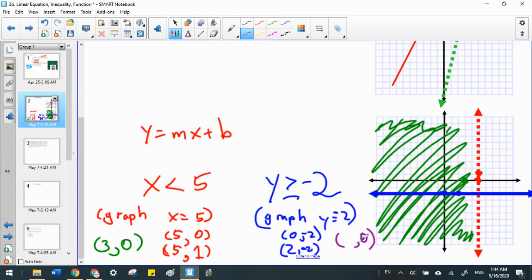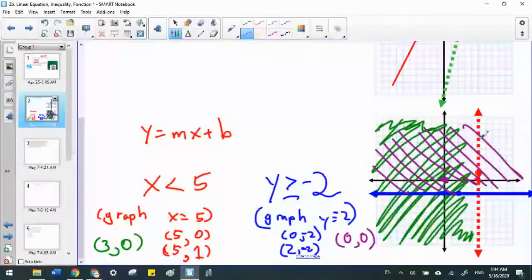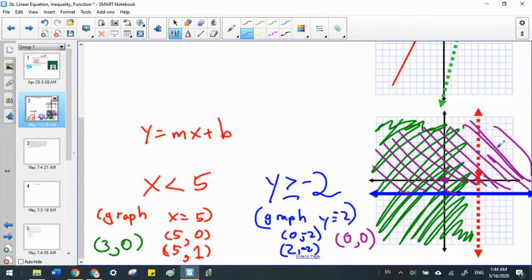So pick a point where y is 0, and let's make x 0. Why not? Once you have one point on this side, that's your solution. The rest of the points on that side are the solution. And that's how you graph individual inequalities when you have only one variable.